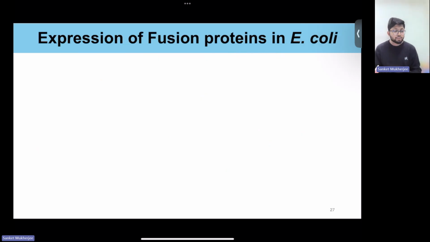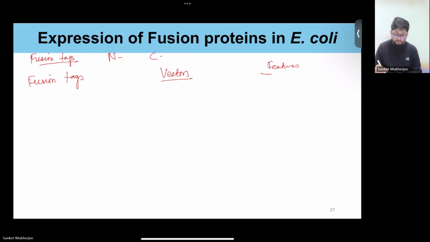Then there are some fusion proteins. There are some fusion tags which can be attached at either the N terminus or the C terminus. We will discuss these fusion tags and the vectors which have these tags and their features. The fusion tag could be a beta-galactosidase tag.